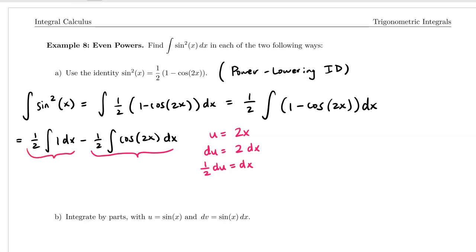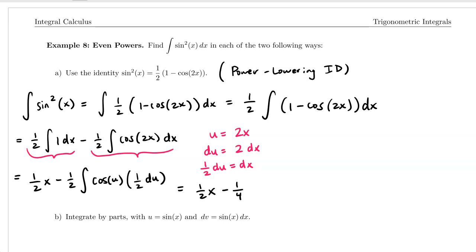And this first integral is going to give us 1/2 x, and then I'm going to have minus 1/2 times the integral of cosine of u, and then dx is getting replaced with 1/2 du. So now this is equal to 1/2 x minus 1/4.